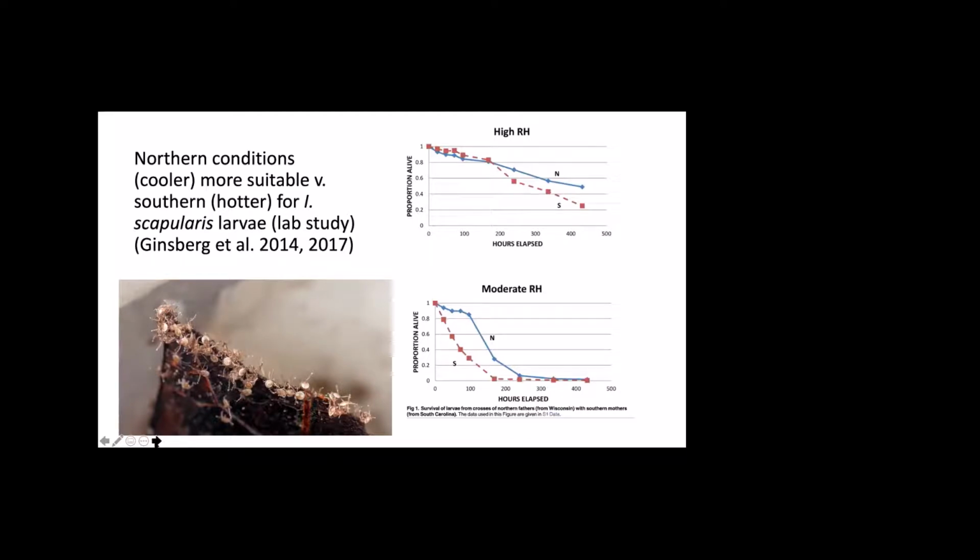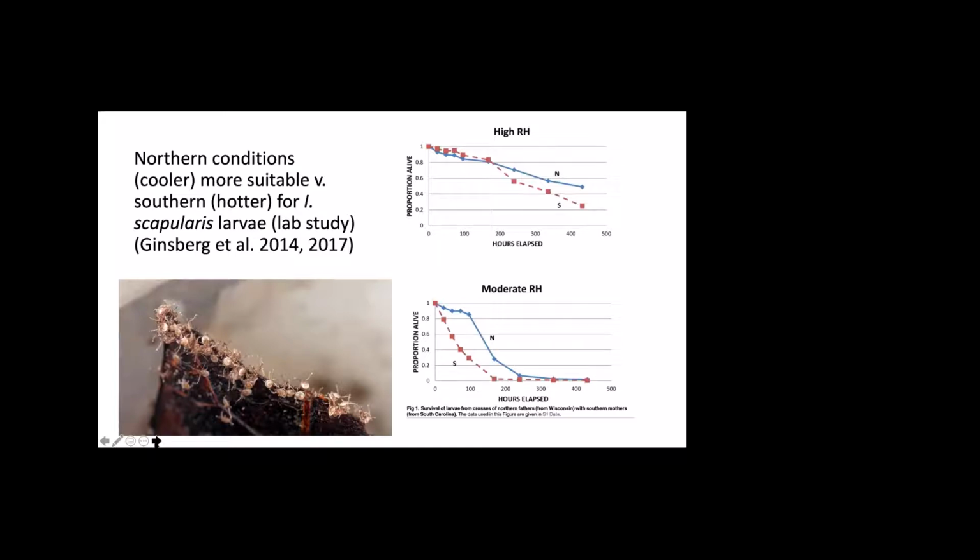The N stands for ticks that were in chambers that had northern conditions, which were taken from, I think, Rhode Island or Cape Cod, the conditions we had in the field there. So a certain average temperature for the day and average temperature at nighttime that was cycled. And then the conditions for the South were from, I think, our site in Florida.